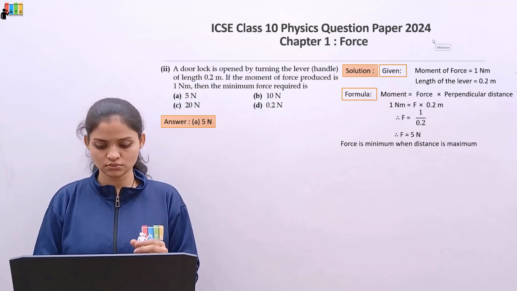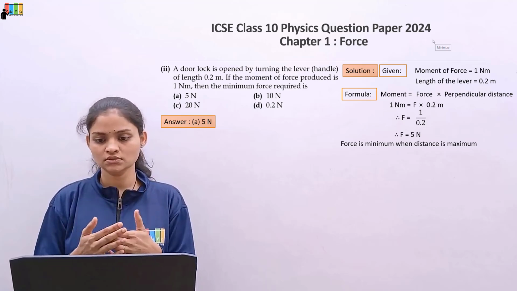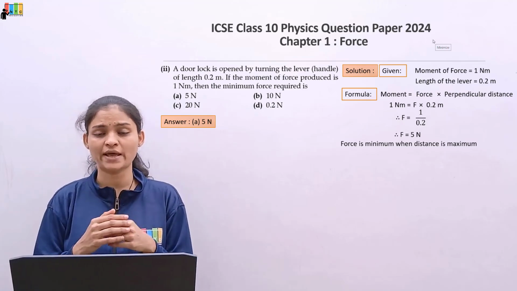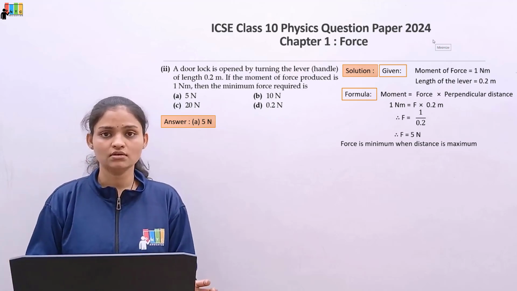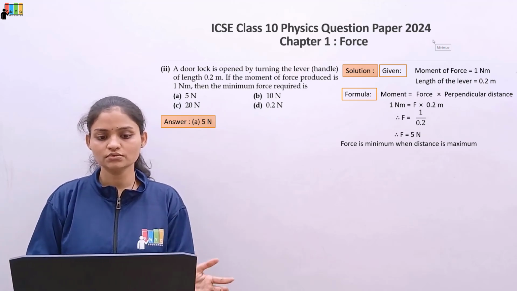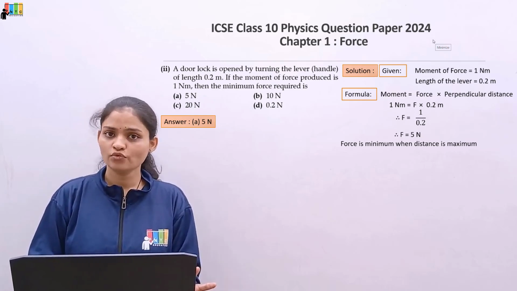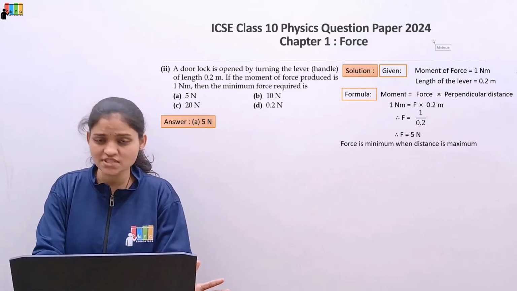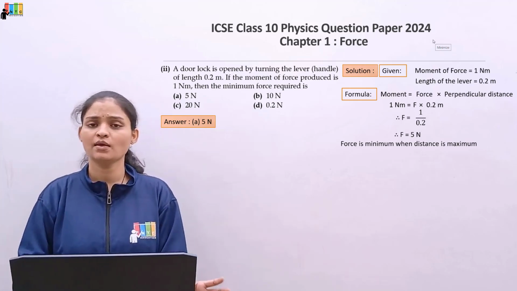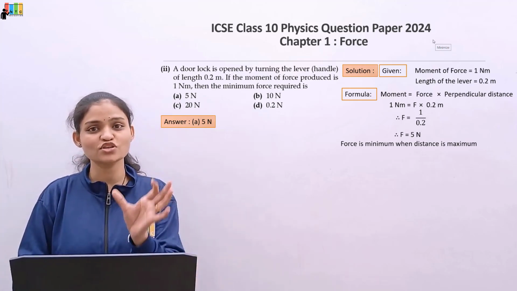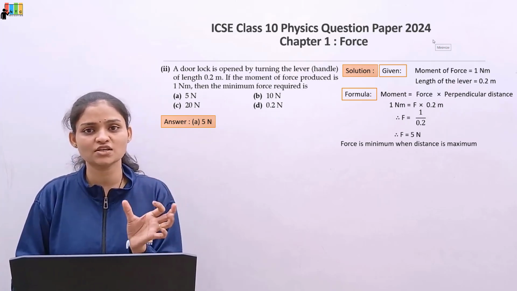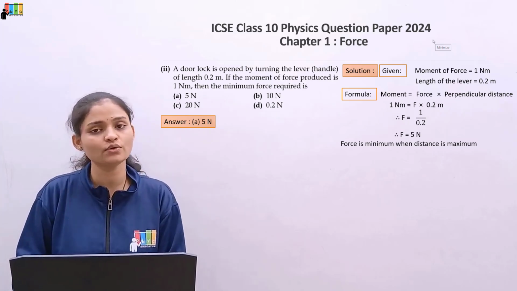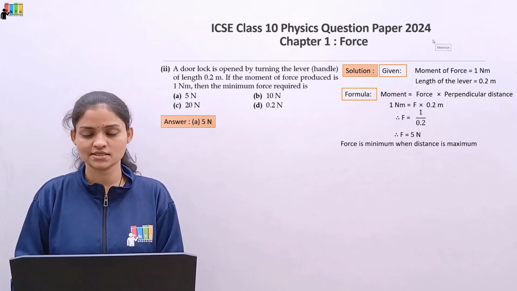We know that to keep the magnitude of moment constant, we need to apply the minimum force. So the force will be minimum when there is maximum distance, because moment is equal to magnitude of force into perpendicular distance, right?